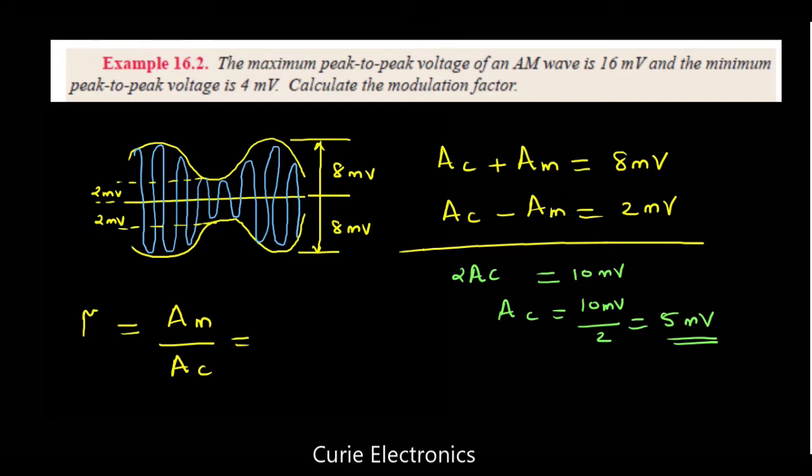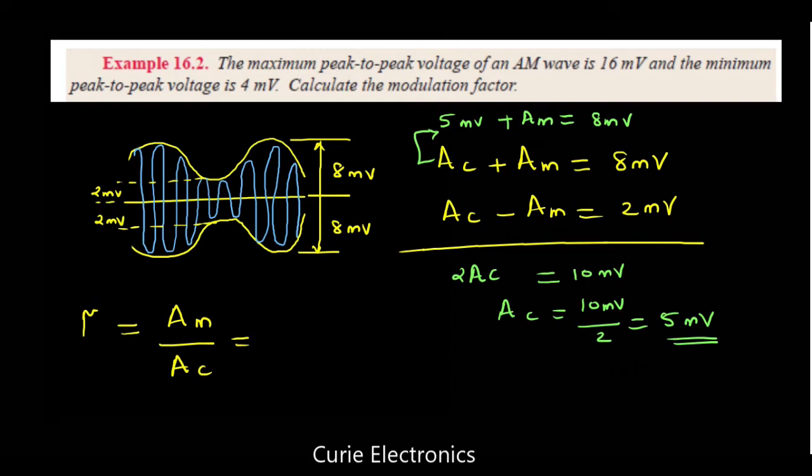We can put the same value in this equation: AC equal to 5 millivolt plus AM equal to 8 millivolt.